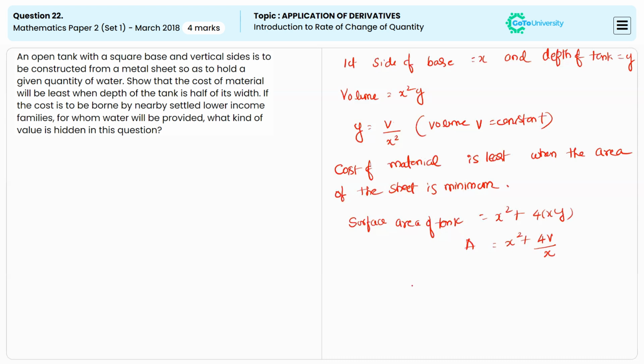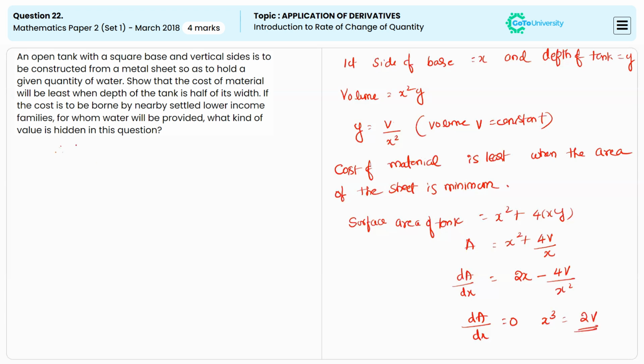So rate of change of area with respect to the side length, dA by dx, is given by 2x minus 4V by x square, and it has to be 0 so that we get the minimum area. When you equate this, we get x cube is equal to 2V.